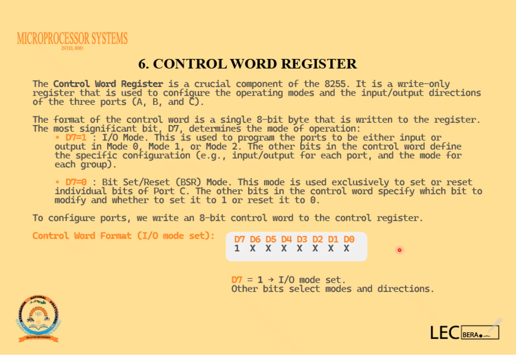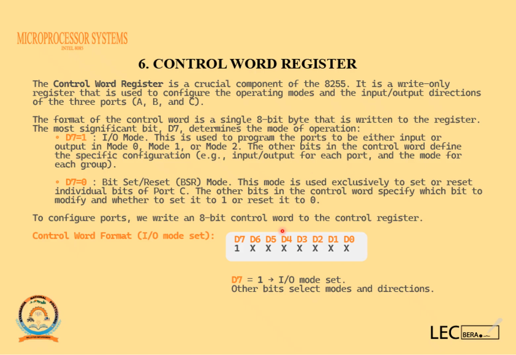For example, we have the least significant bit being D0 and the most significant bit being D7. So if I'm going to set D7 to 1, then automatically the 8255 is going to avail all its ports, that is port A, B and C, as input output ports.